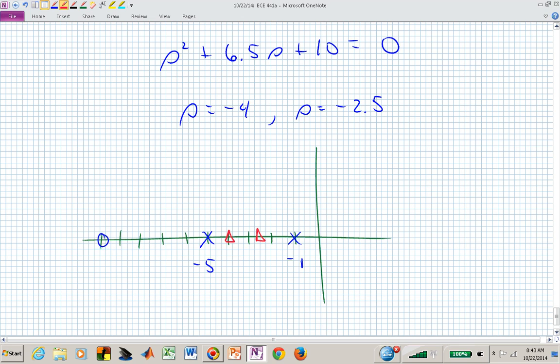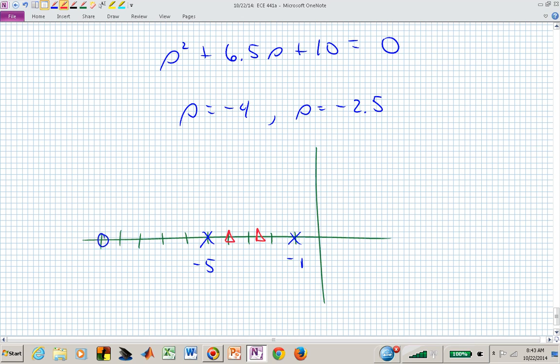The one that's at -2.5, but these two are so close together, they're sort of playing together, but we could just assume that the slowest one is what's dominating. The -4 will help that a little bit, so the -2.5 pole gives us a conservative estimate on our settling time.